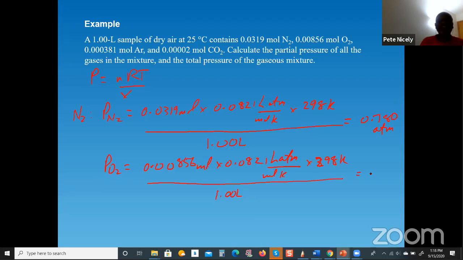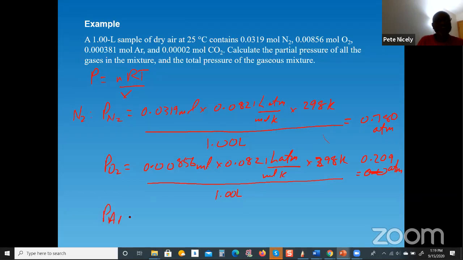Let's see what that gives. 0.00856 times 0.0821 times 298 divided by 1. In the case of oxygen, rounded off to 3 sig figs, that would be 0.209 atmospheres.